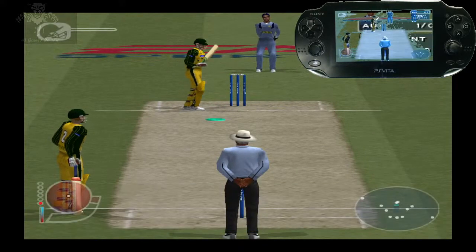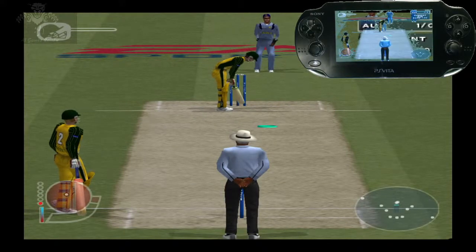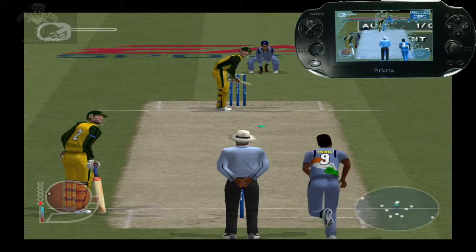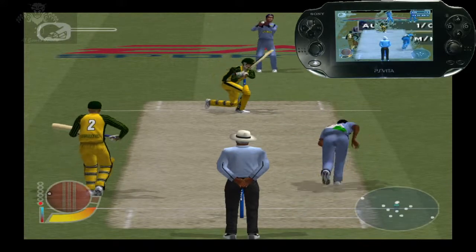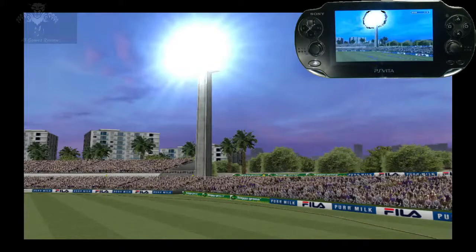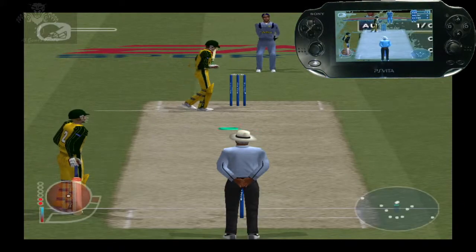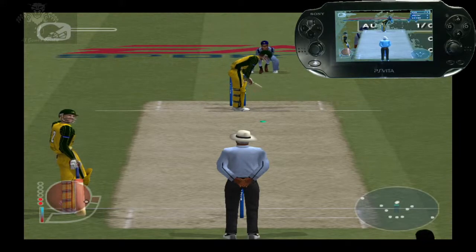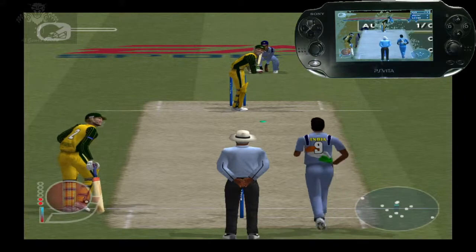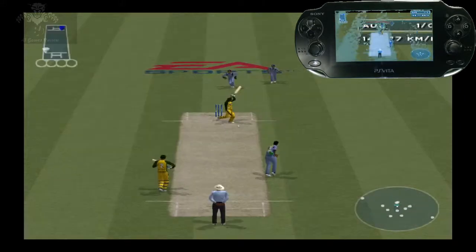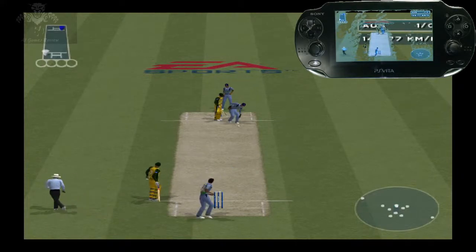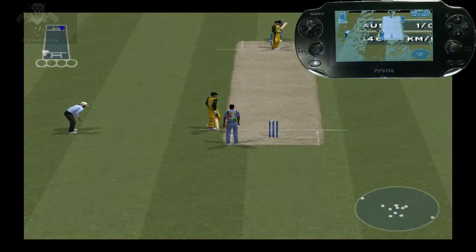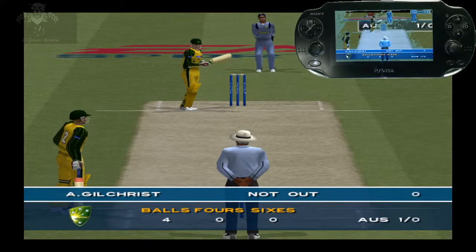Khan to bowl to Gilchrist. In trouble with that one. Gilchrist waiting at the striker's end.